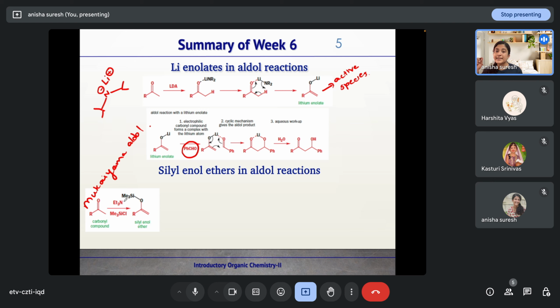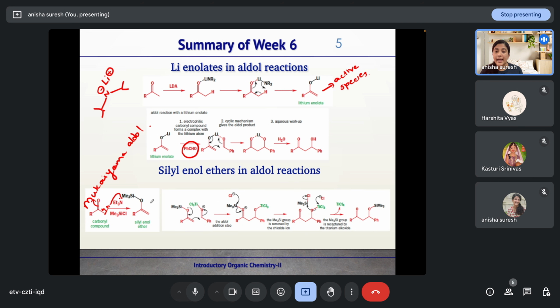Here, in the presence of triethylamine and trimethylsilyl chloride, this carbonyl compound reacts. The triethylamine will abstract the proton from here, and this will attack trimethylsilyl chloride, and the Cl minus will leave, leading to formation of the silyl enol ether. Now we have the silyl enol ether, and this is our electrophilic coupling partner.